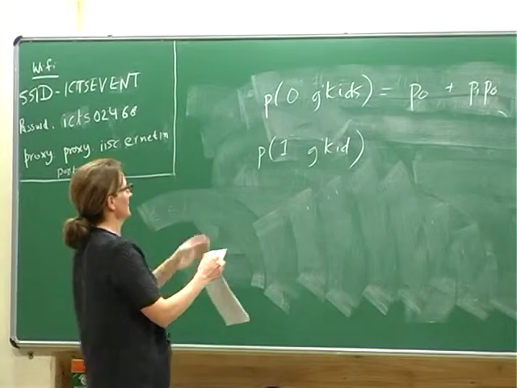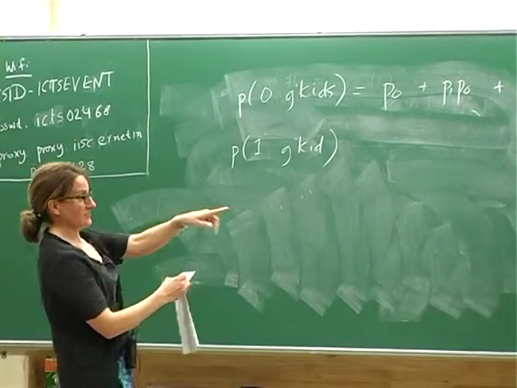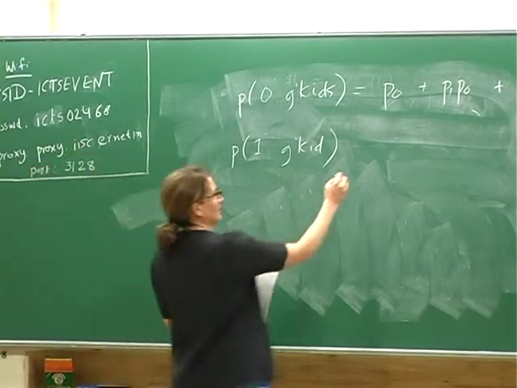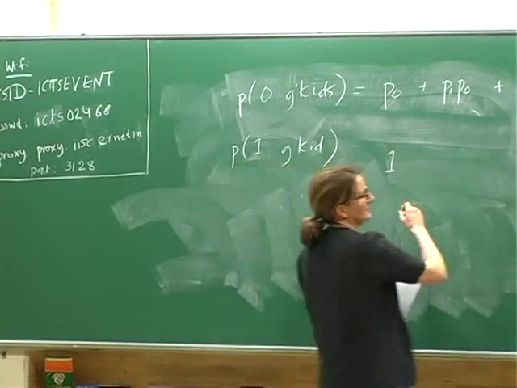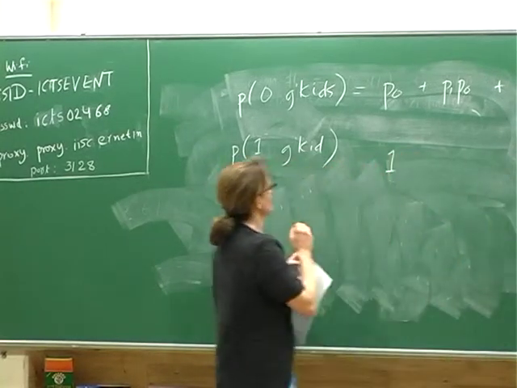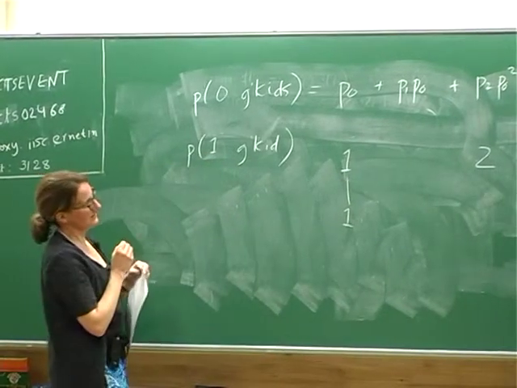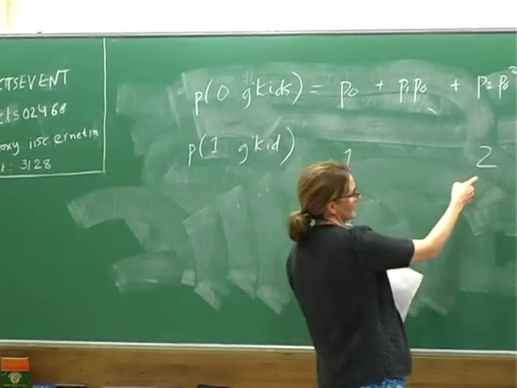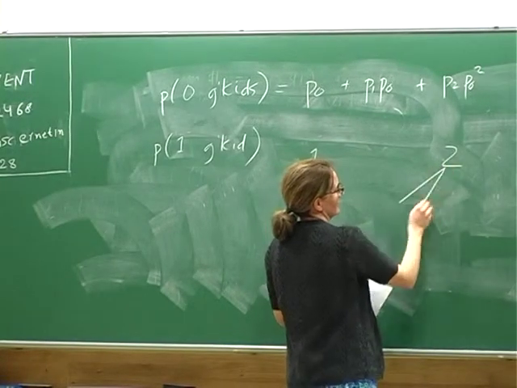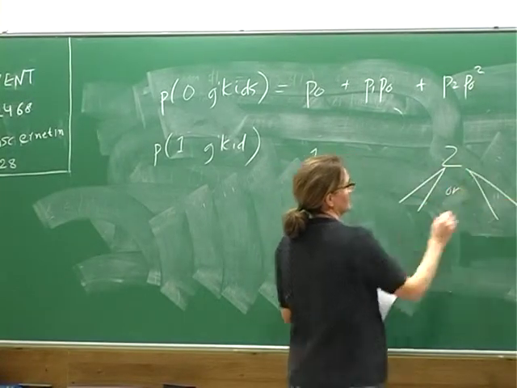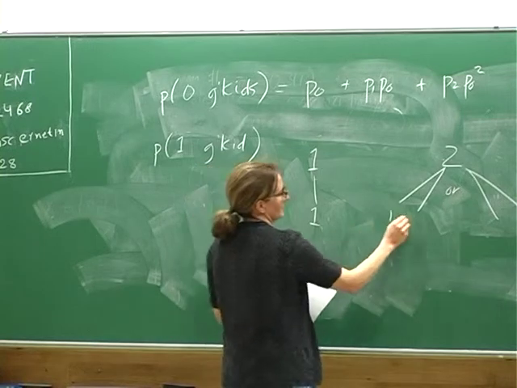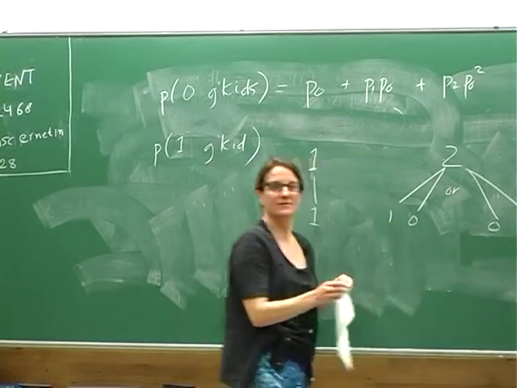That's probably right. So you cannot have 0 children. You could have 1 kid or 2 kids. And here you need to have 1 grandkid. And here we've got a couple cases. One of them, 1, 0, 0, 1.